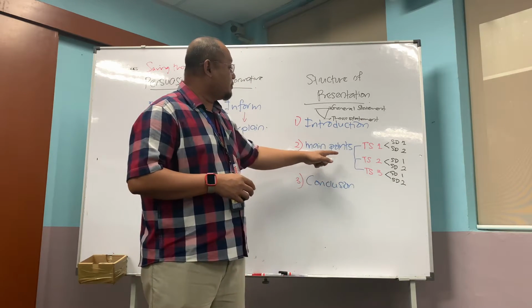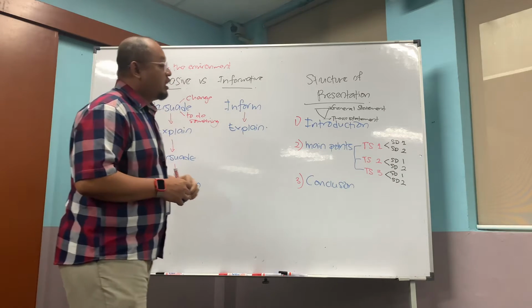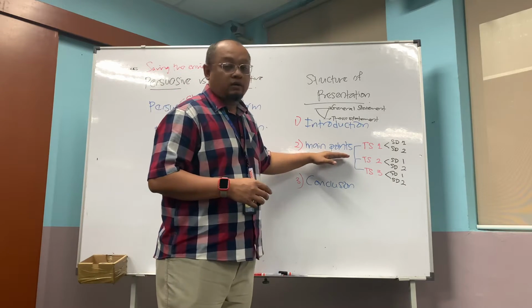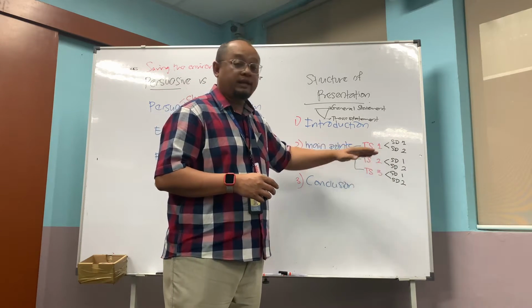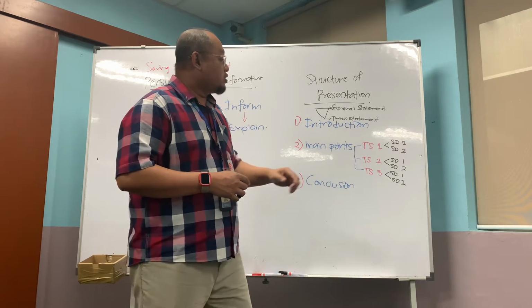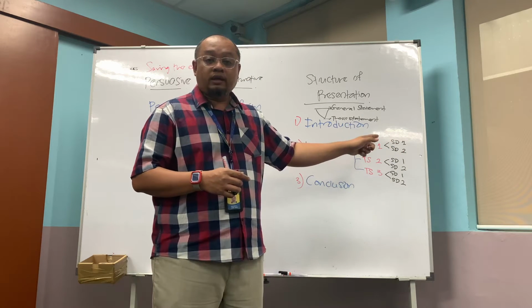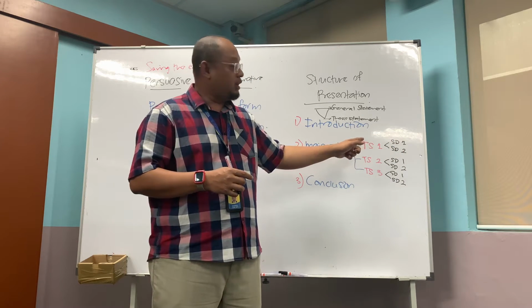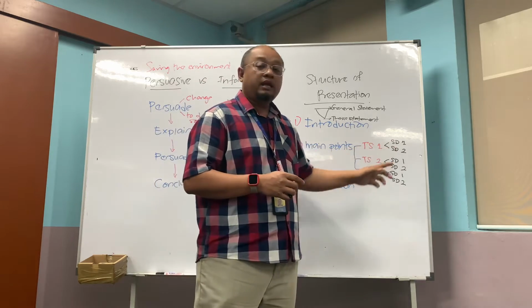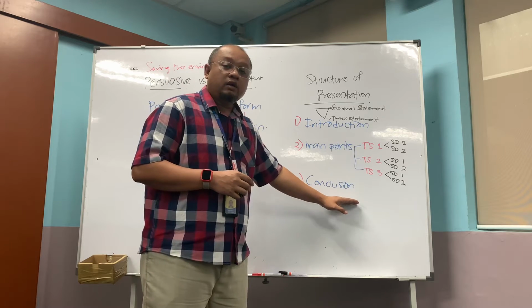The same goes here. For example, saving the environment. For topic sentence number 1, you're going to explain the importance of saving the environment. You give one example, pollution for instance, and then you explain a bit about pollution. Lastly, we go to the conclusion.